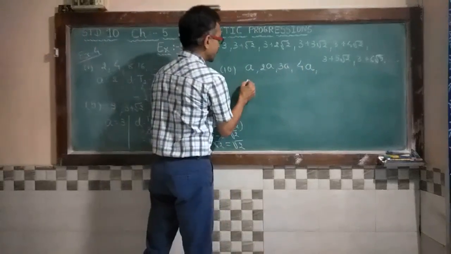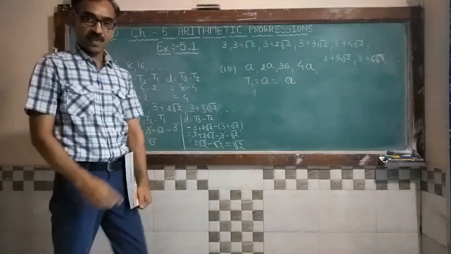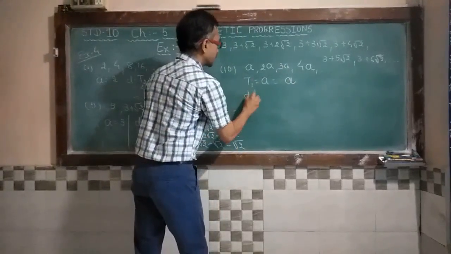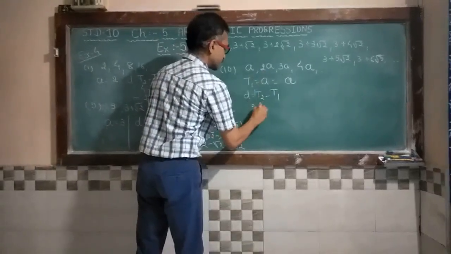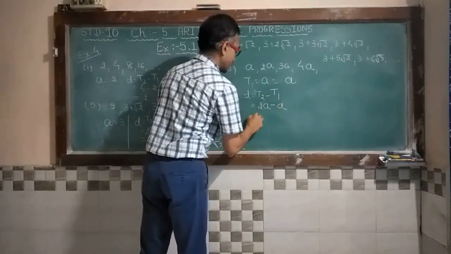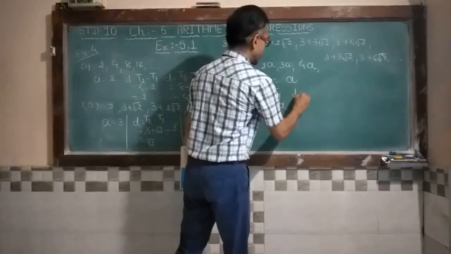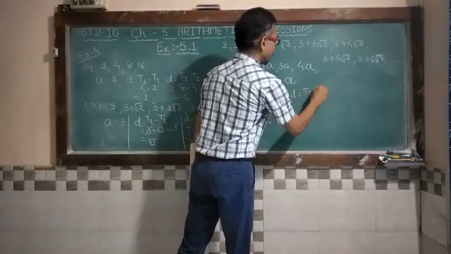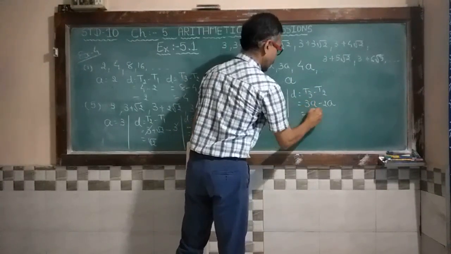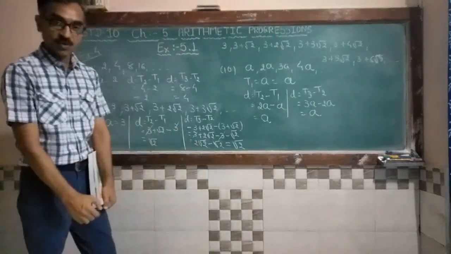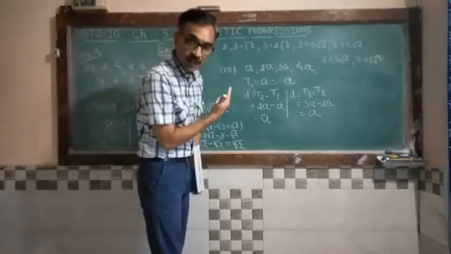So your first term is T1, or you can say A is A. Common difference D is equal to T2 minus T1. T2 is 2A minus A, that is A. Again, D is equal to T3 minus T2. T3 is 3A minus 2A, that is A. So here the common difference is always the same and it is A. So we can say that this is a proper form of AP.